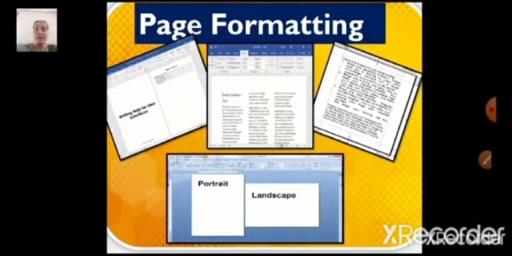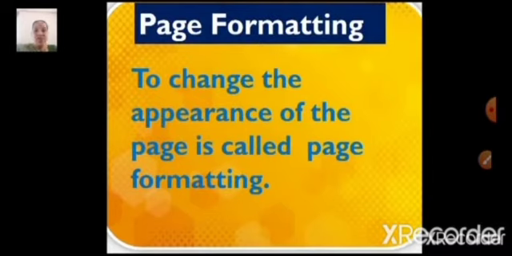Here you can see the pages in different views, 2 pages in a view, typing the text in columnar format, giving margins, and the position of the page, that is portrait and landscape. The process of changing the appearance of the page is called page formatting.